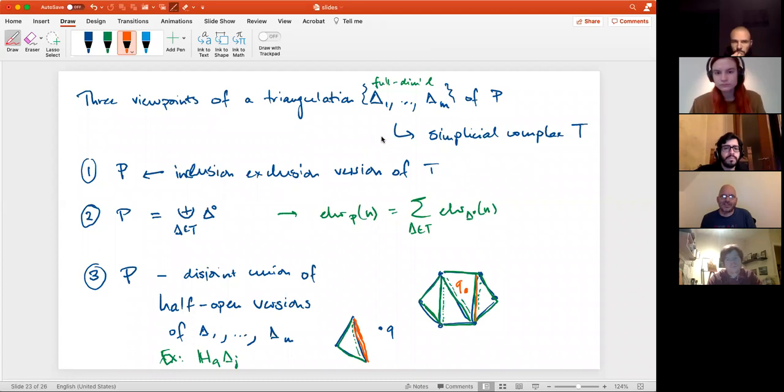And Antonia had asked about the relative interior of a point, and it's exactly correct. Yes, the relative interior of a point is a point, and that's very much something we need here.